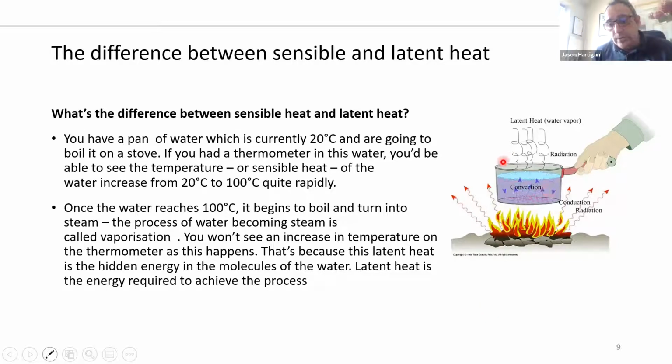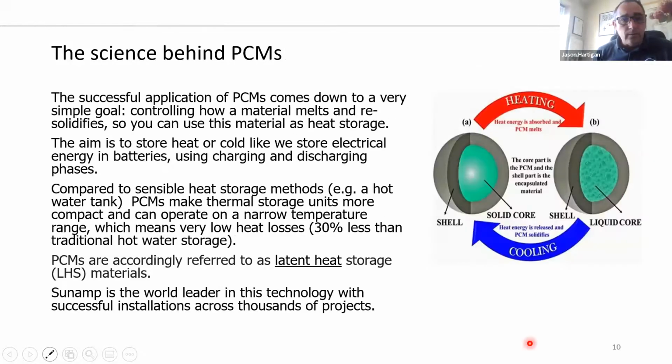So it stands to reason, if we can capture that latent heat in a material, then that's going to be a brilliant way of using that material to store and release heat, or store cold and release cold.